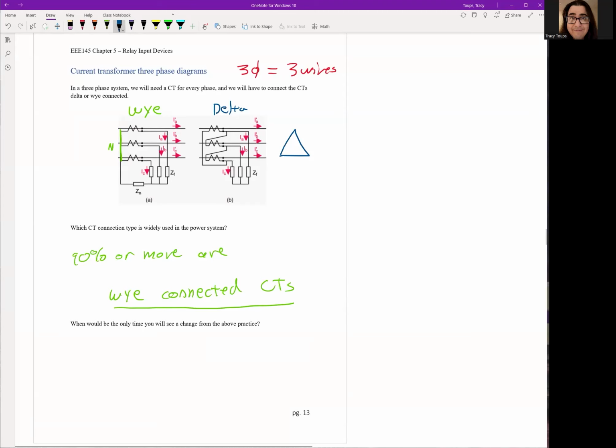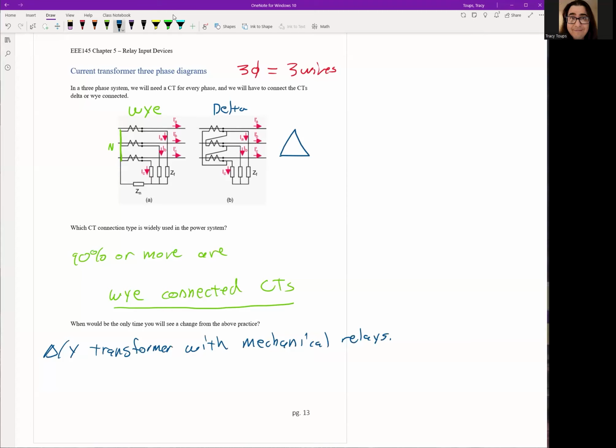Now, if you find an old power system and you see an old mechanical substation, you might see a delta to Y transformer set up at your distribution substation with old mechanical relays.